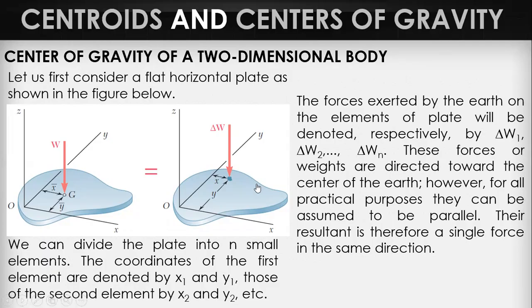The resultant is therefore a single force in the same direction. So, of all the differential elements, the resultant is this one, a single force in the same direction towards the center of the Earth. So, the location of this resultant W will be at the center of gravity, with distances x bar from the y-axis and y bar from the x-axis.